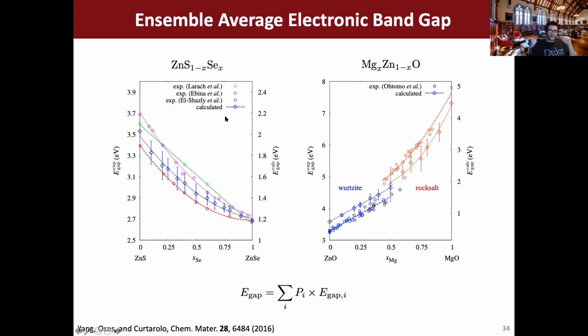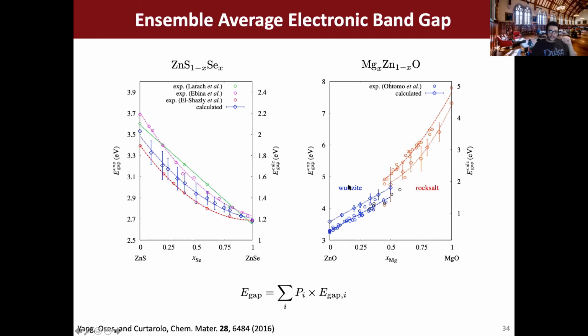And using the POCC Ensemble approach, we're able to actually perform these calculations, and we see that we actually do observe this quadratic dependence, this optical bowing. So you can do this analysis for the band gap, and we did something similar for magnesium zinc oxide structure. What's interesting is that as you change the concentration, you actually have a phase transition.